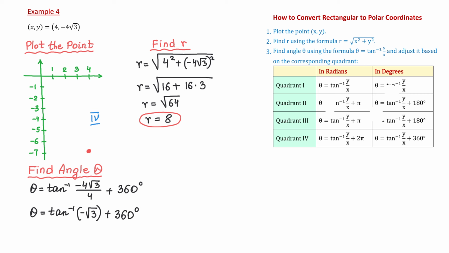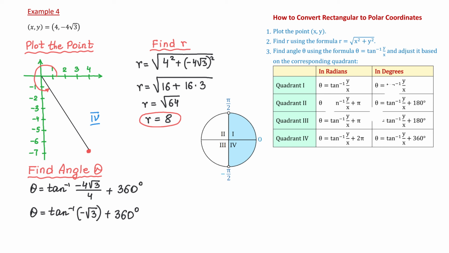And now, before we continue with the calculations, let's discuss why we have to add 360 degrees. And again, this is because of the range restriction of the inverse tangent function. If I connect this point with the origin, and if we want angle theta to be a positive angle between 0 and 360 degrees, then this will be the angle formed. However, because of the range restriction, in quadrant 4, the calculator will display a negative angle.